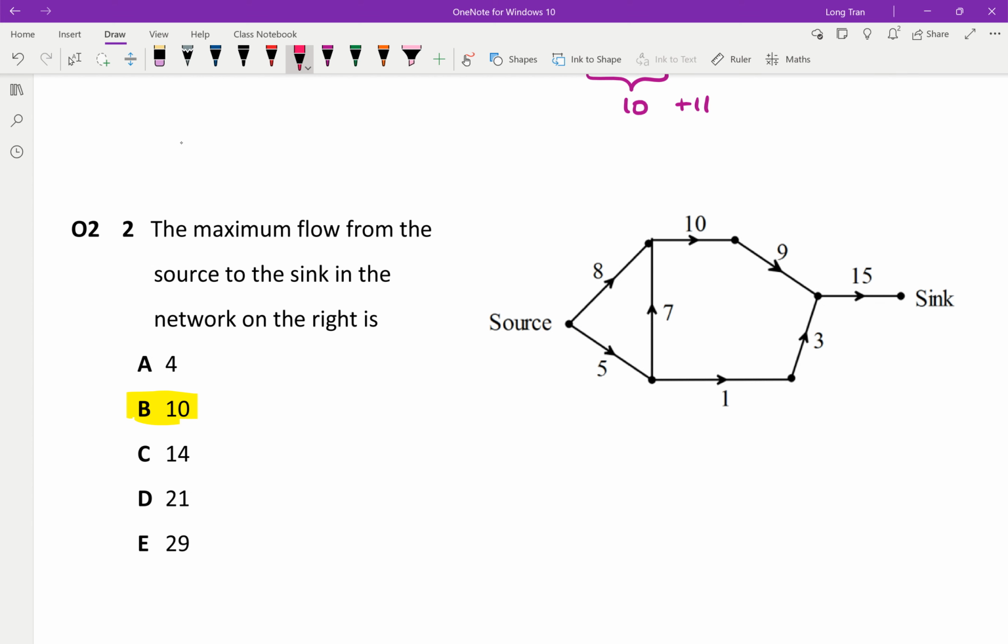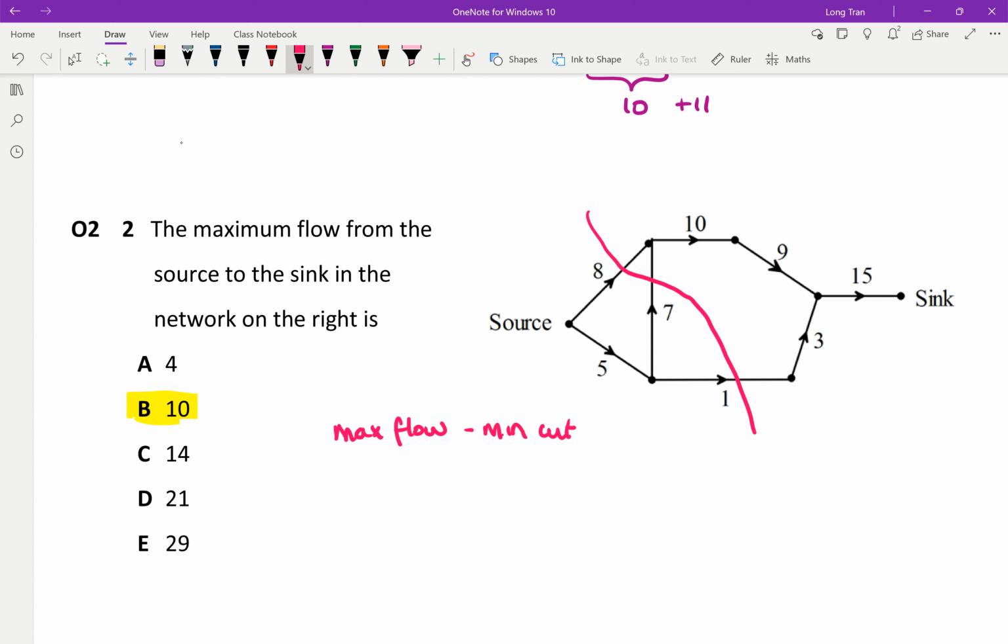You choose the edges really. You can cut this edge with the 8, with the 7, with the 1. Ideally, you want to cut numbers that are small because remember, it's maximum flow. Max flow is minimum cut. So max flow, min cut. So you want to cut the ones that have the smallest value.